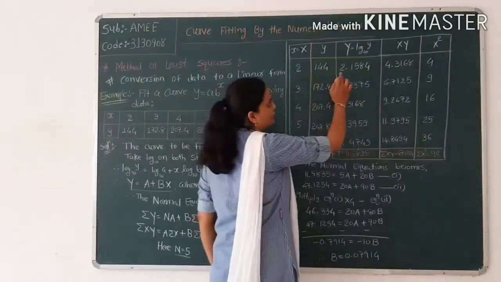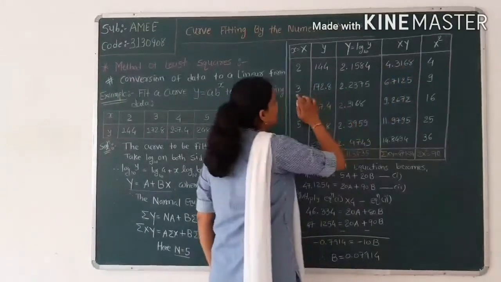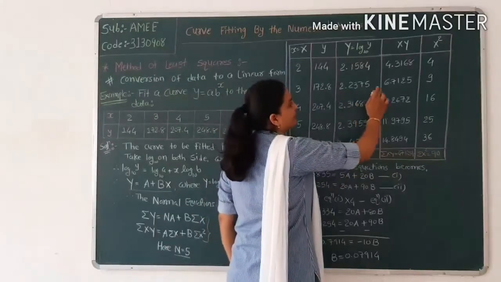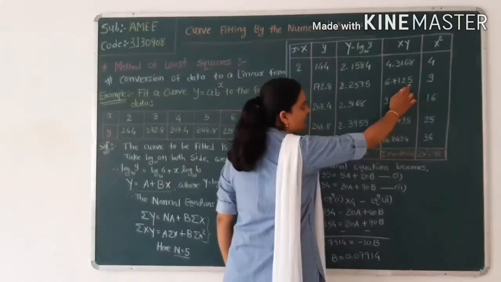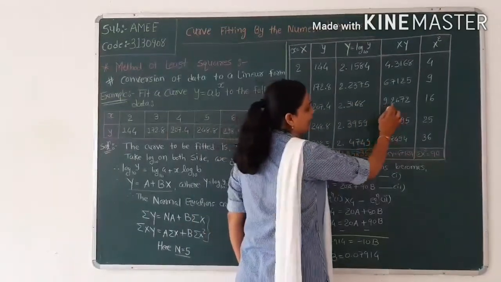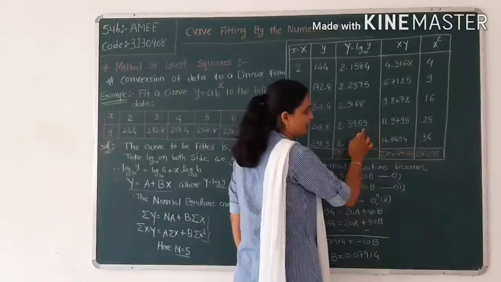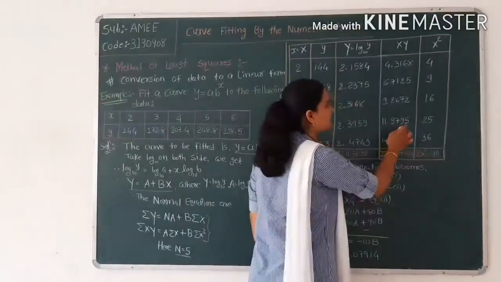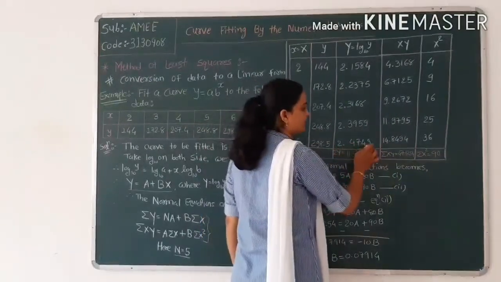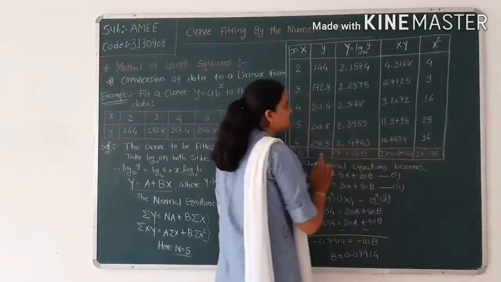In the same way we multiply x into Y. So 2 into 2.1584 is 4.3168. Next, 3 into 2.2375 is 6.7125. 4 into 2.3168 is 9.2672. 5 into 2.3959 is 11.9795 and 6 into 2.4749 is 14.8494.